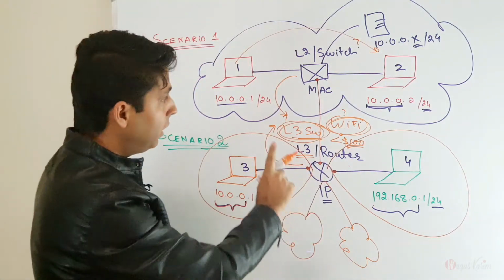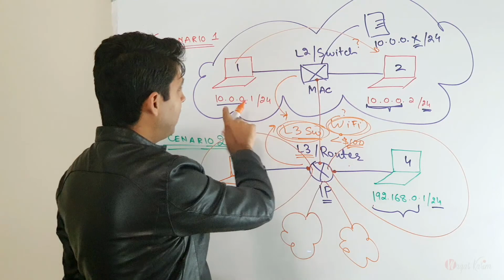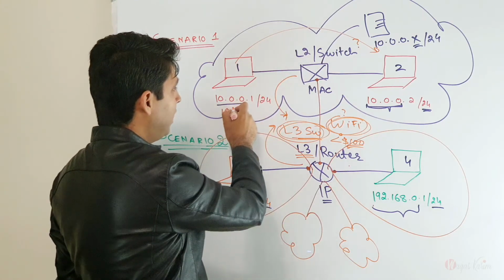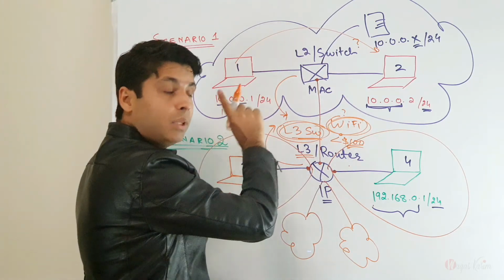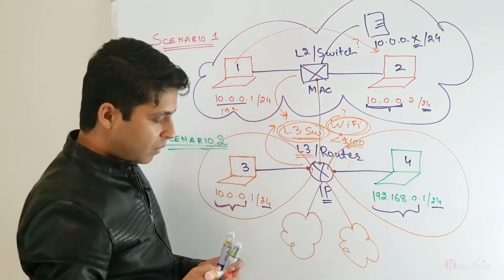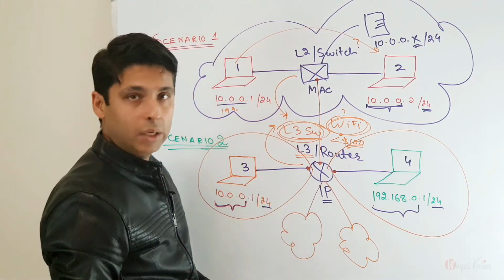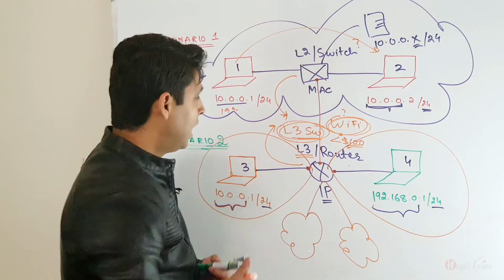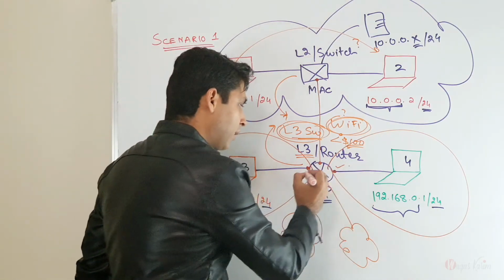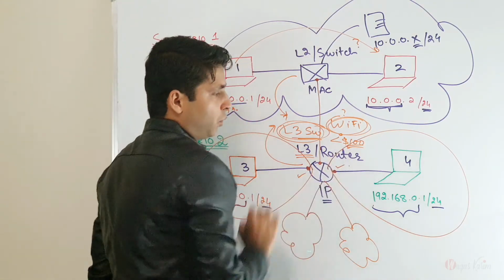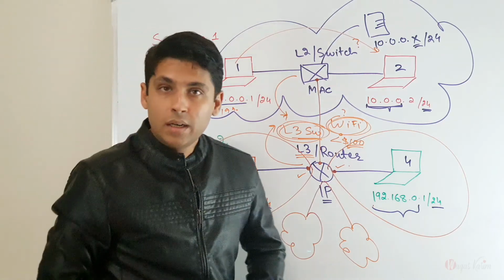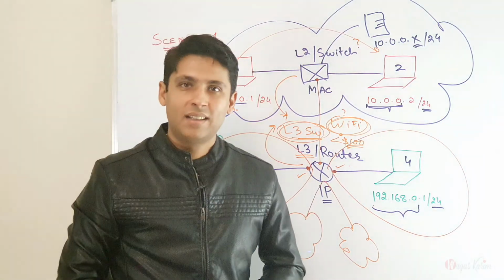If they are on the same subnet, whether 10.0.0 or 192 or anything, they will be able to ping. But if they belong to different networks, they will not be able to ping. You will need a router and you will need to configure IP addresses in the same subnet on the router ports as well. So if there are still some questions you guys can ask, I'll be happy to answer.